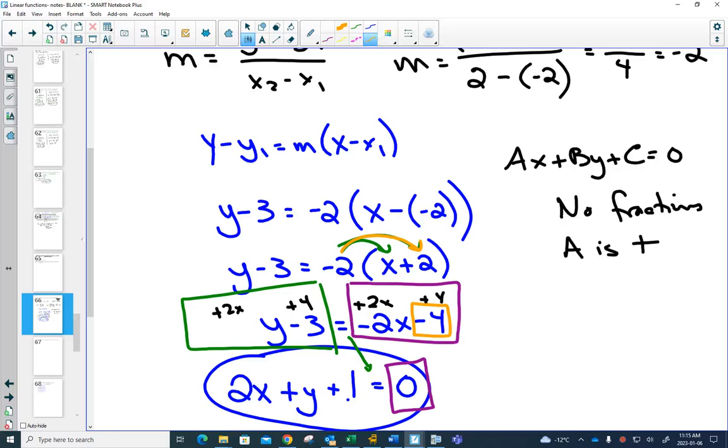When you have this -2 out front here, in front of these brackets, that -2 would multiply by the x, and it also multiplies by the 2. And that's called distribution. Yeah, so -2 times +2 is -4. Yeah, but then don't you also have to do the other -2? -2 times the x is -2x.